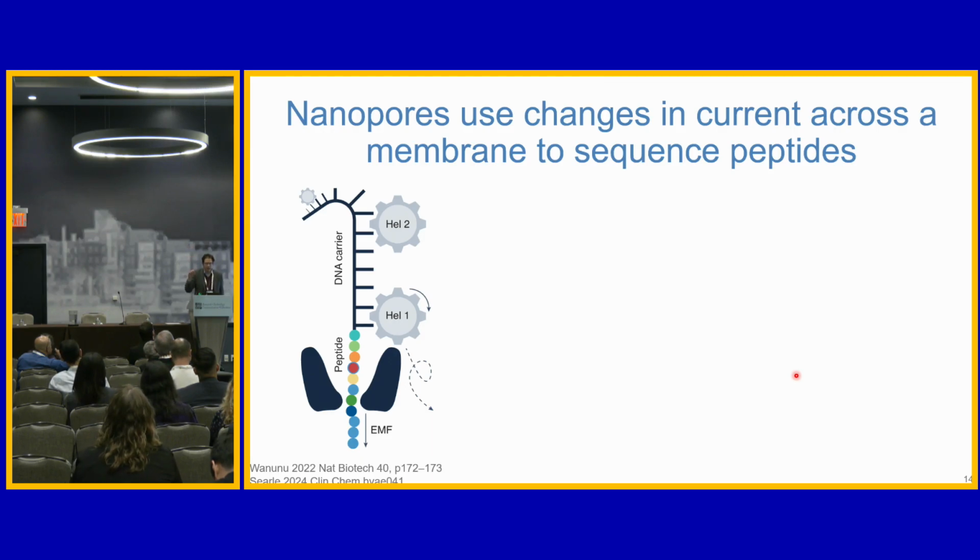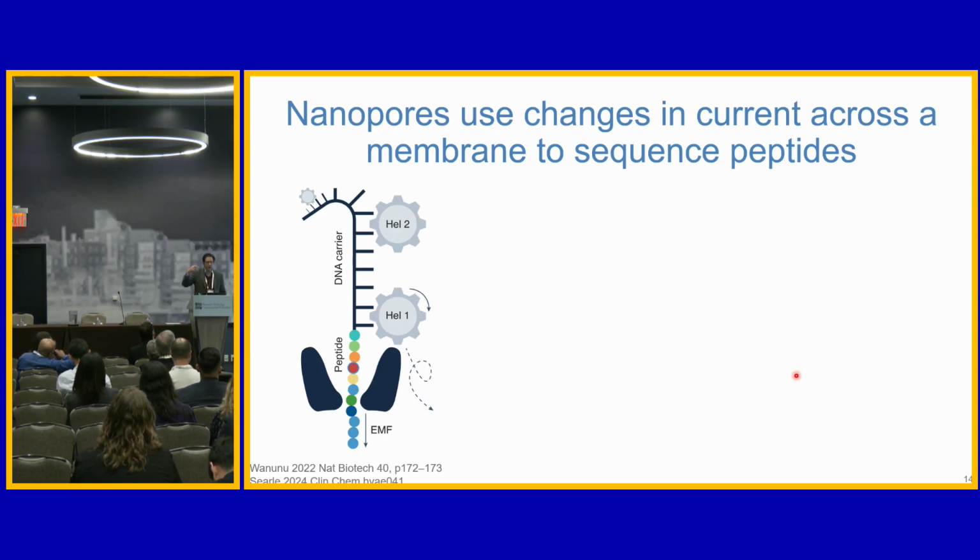It doesn't have to be just a pore itself and just an unfoldase itself. You can start thinking about different ways of actually using the pore as machinery to start making measurements. One of the ways, for example, with amino acids that's been proposed is to use this helicase strategy of tethering.